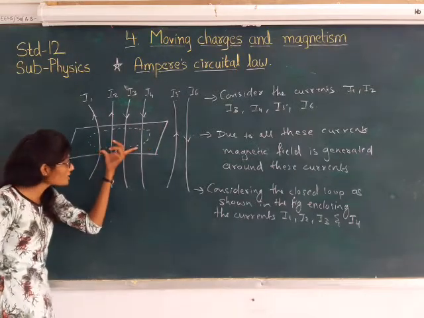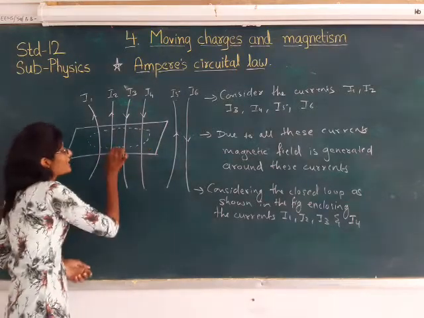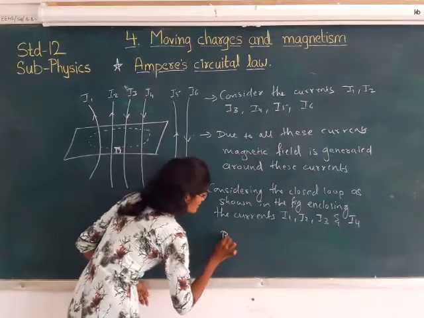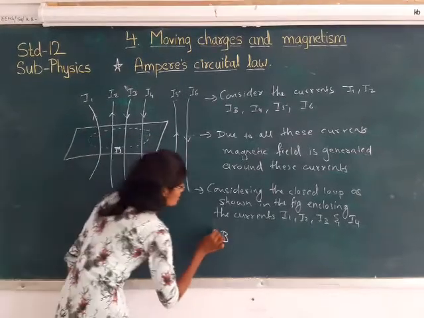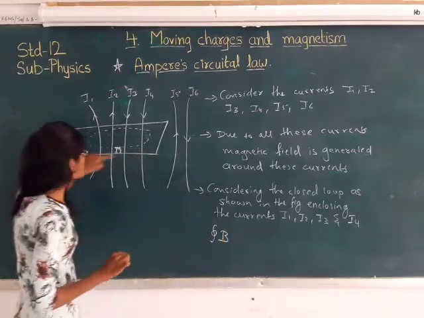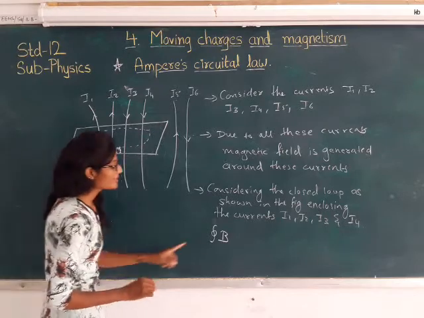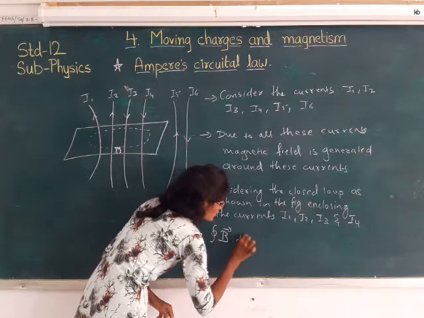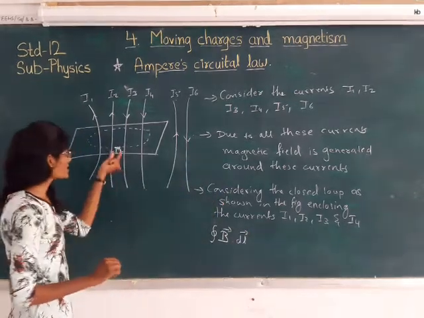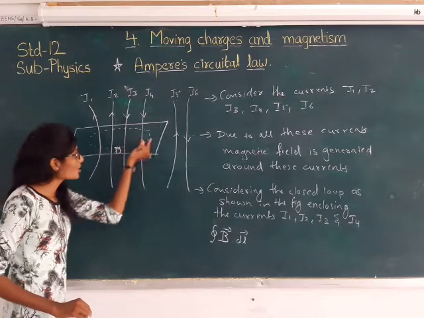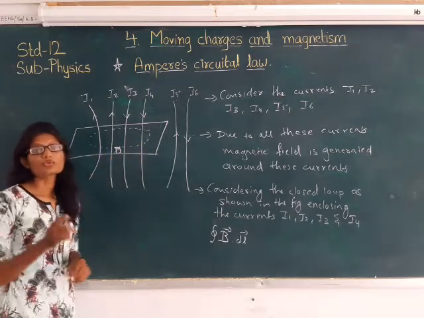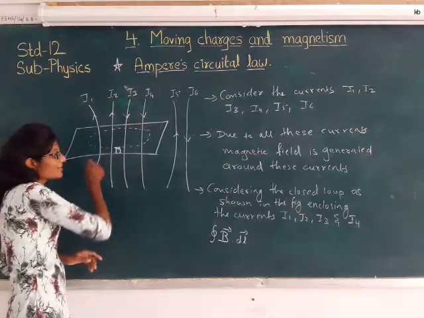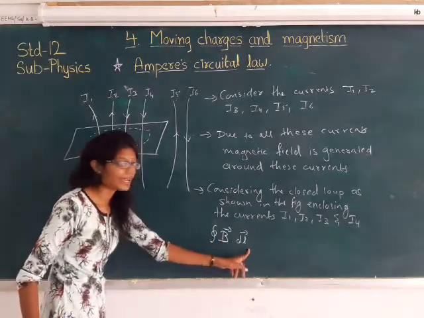Because of all these currents, the magnetic field over here will be B. If we consider the whole line integration, that will be the line integral of B vector dot dl vector, because we consider the small elements and then integrate over the whole loop to get the line integral of the magnetic field with this element.